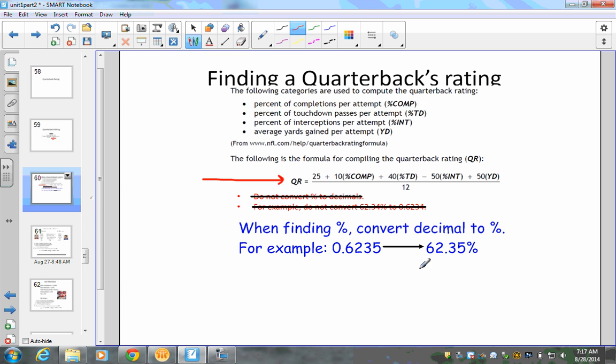The thing to pay attention to is that whenever you're dealing with the percentage of touchdowns, completions, or interceptions, your calculator is going to give you the percent in decimal form. We need to make sure we convert it to an actual percentage. That's the one thing you need to pay attention to. I'm going to change the slide, so if you need to stop and write this down, feel free to do so.